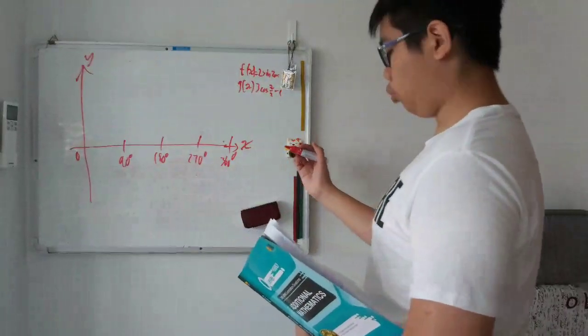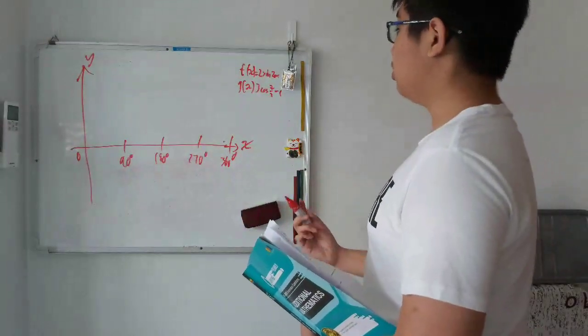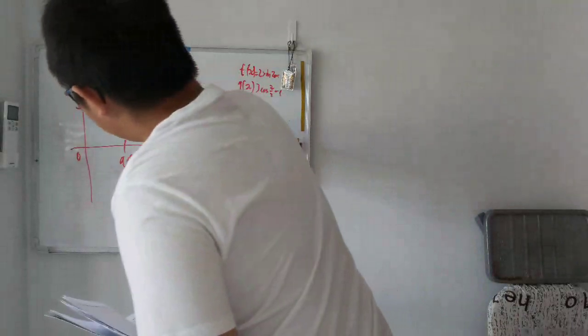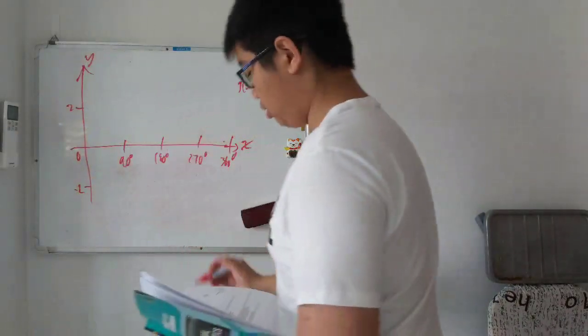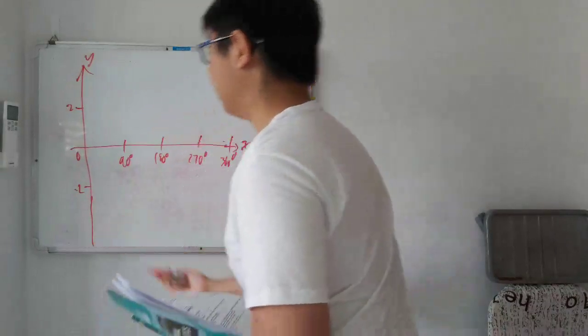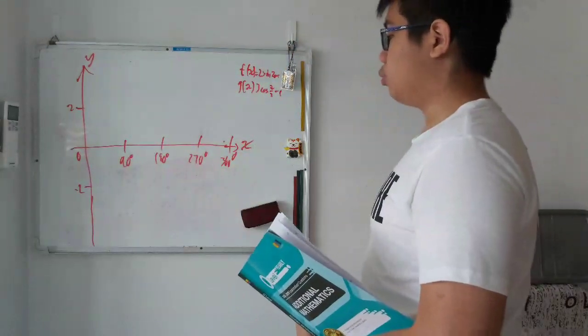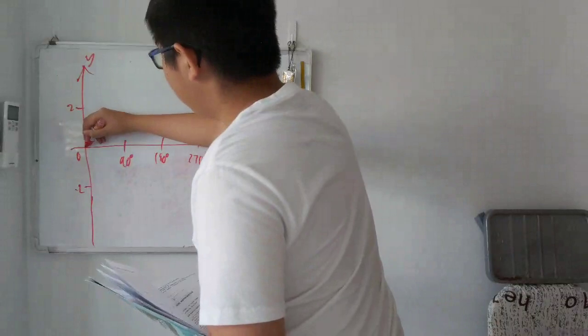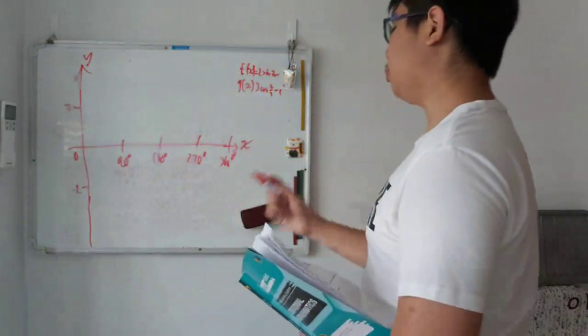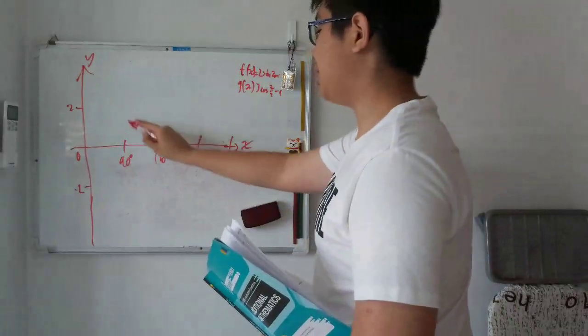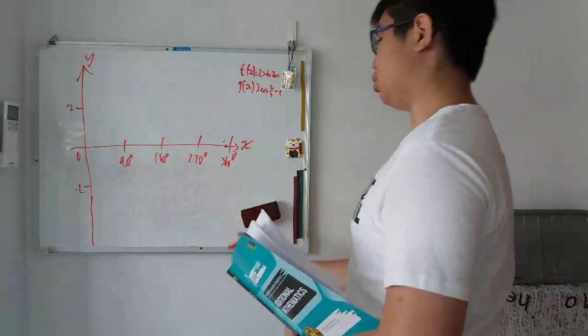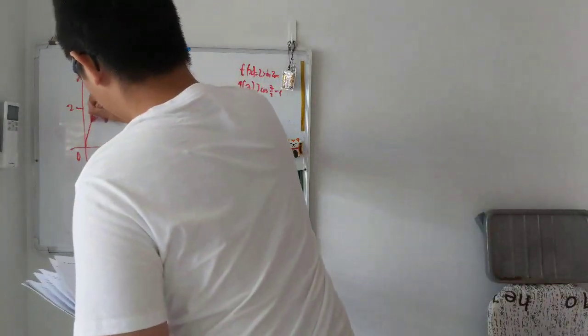Okay, so y equals f(x). We know that the highest point will be 2, so let's draw a 2 here, and the lowest point will be negative 2. I'll need to extend this line, you'll see why later. It starts from 0, and because it's 2x, for a normal graph it would look something like this, but it's 2x, so it will go up and then go down. At 90 degrees, it will be 0 again. So let me trace it.